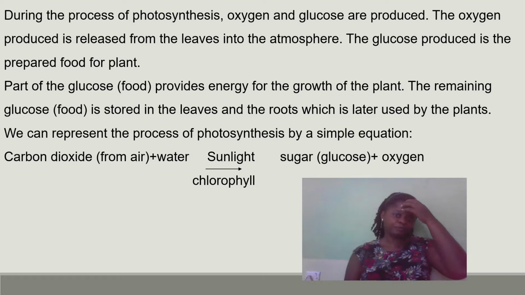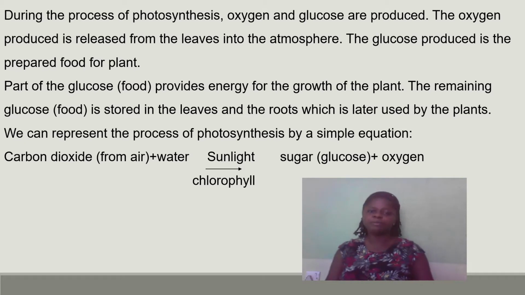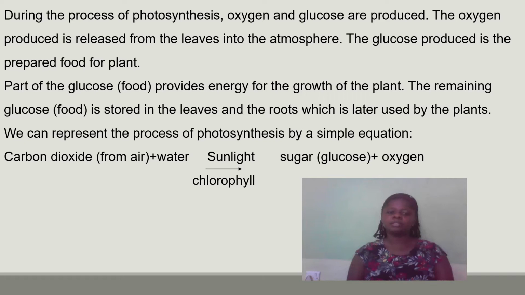During the process of photosynthesis, oxygen and glucose are produced. The oxygen produced is released from the leaves into the atmosphere, and the glucose produced is the prepared food for the plant. Part of the glucose provides energy for the growth of the plant, and the remaining glucose is stored in the leaves and the roots, which is later used by the plant.